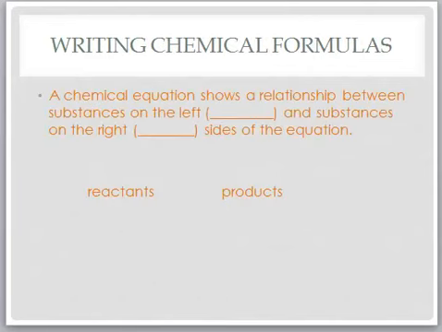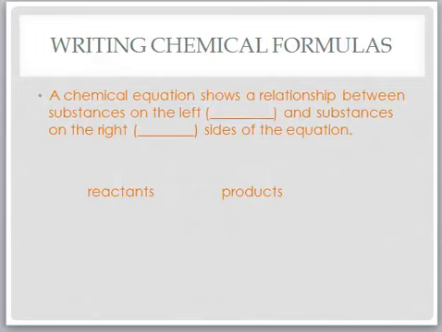Writing chemical formulas. So now that we know how to do that, we should be able to write out a chemical equation. So a chemical equation shows a relationship between the substances on the left-hand side of the equation and substances on the right-hand side of the equation.